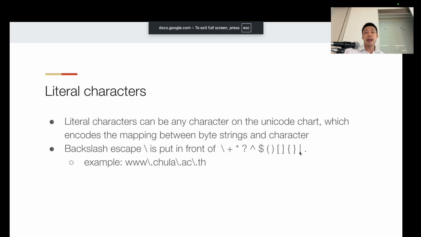So for example, if you want the pattern that matches www.jula.ac.th, you need to escape the dot. This is a common mistake, because these characters mean something else in regex, so you have to escape them from their usual meaning.